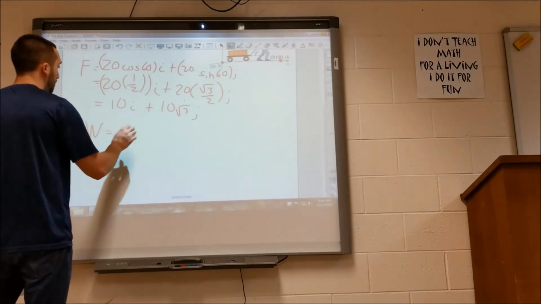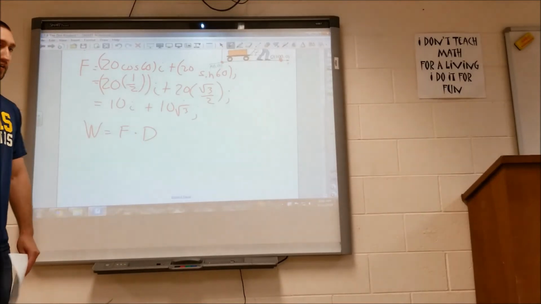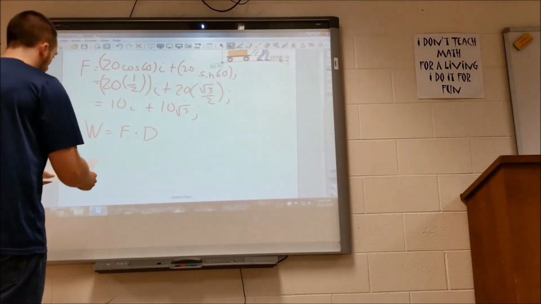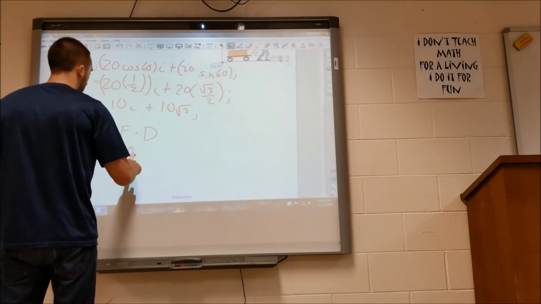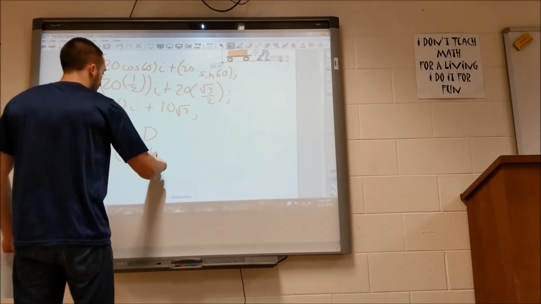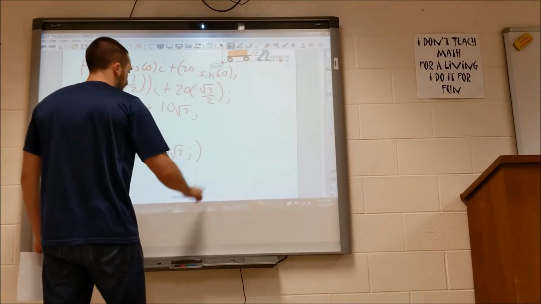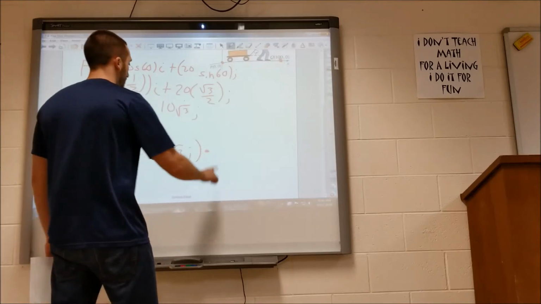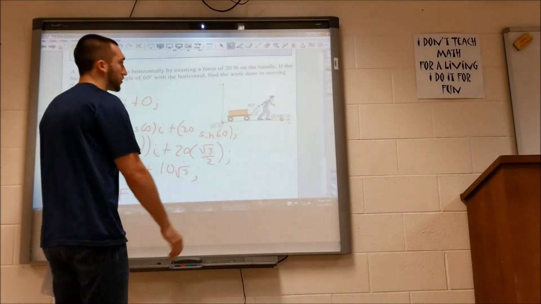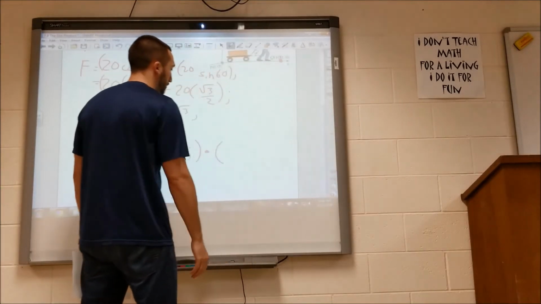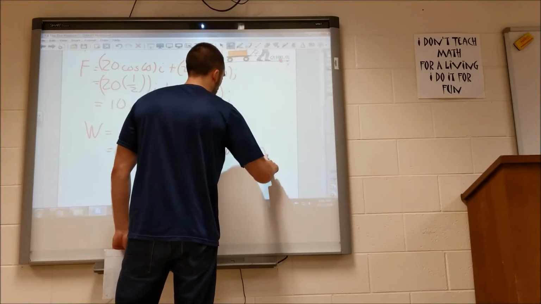The work is just equal to the force dot product with my D vector. So my force was 10i plus 10 radical 3 j, dot product D, if we remember, 100i plus 0j. We haven't gone north or south, we've only gone east.